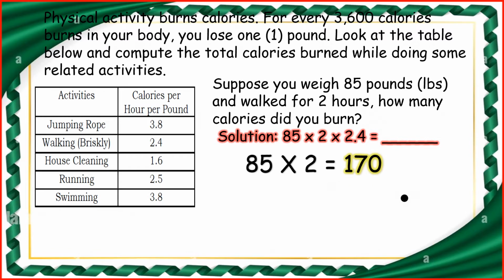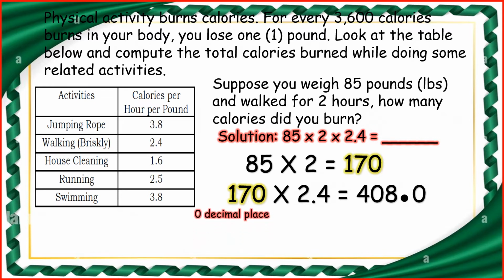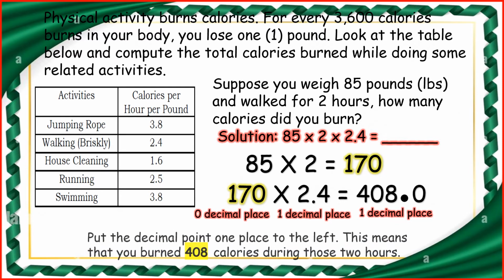So 85 times 2, we have 170. And then 170 times 2.4 equals 408.0. Because 170 has 0 decimal places and 2.4 has 1 decimal place, therefore our answer should have 1 decimal place.